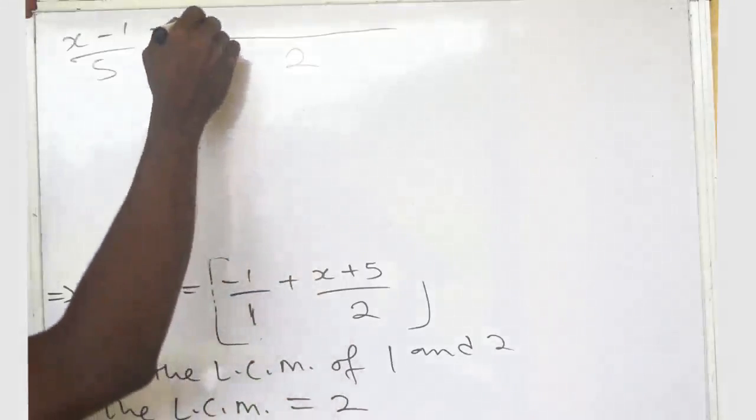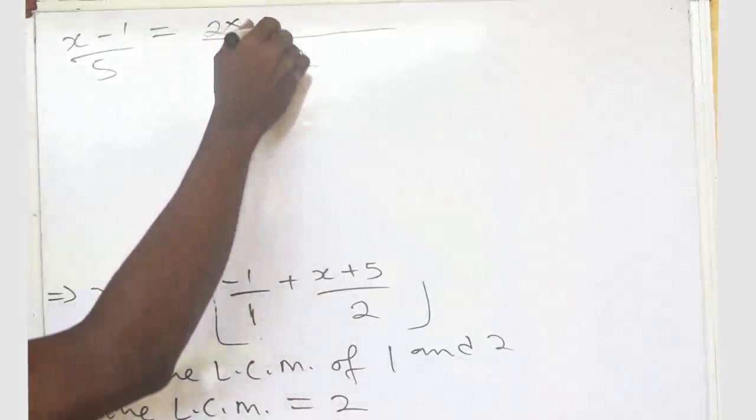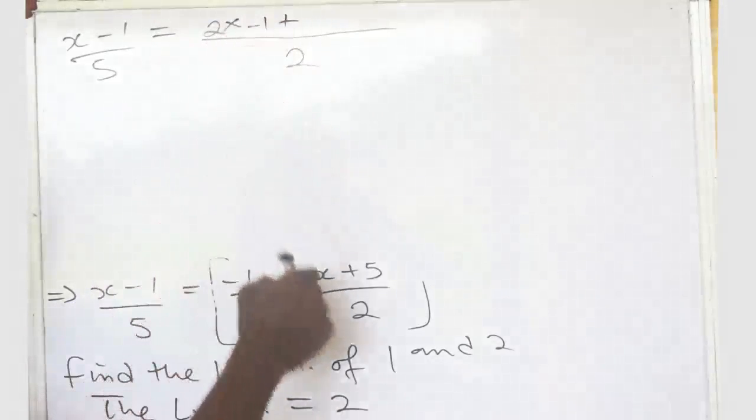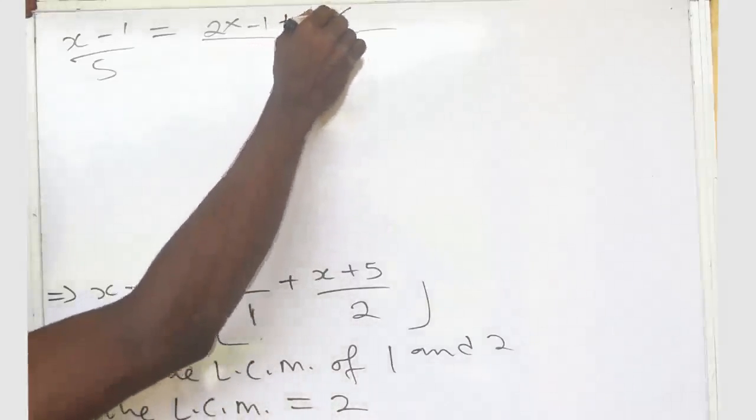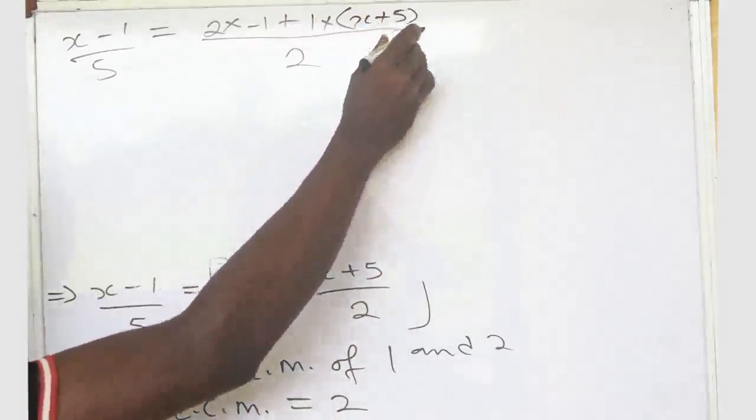2 divided by 1 is the same 2 multiplied by the numerator of this is minus 1 plus 2 divided by 2, 1 multiplied by this guy, you have x plus 5.